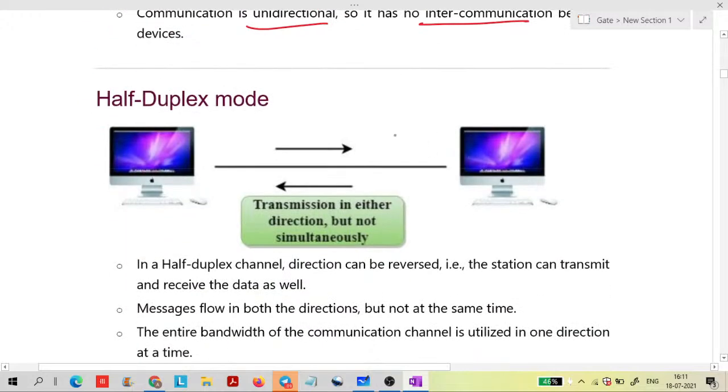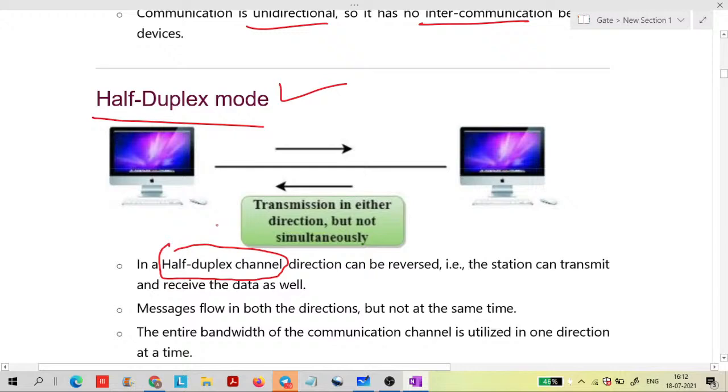Then half duplex mode: the transmission is in either direction, but not simultaneously. That is half duplex mode of data transmission. In a half duplex channel, the direction can be reversed, that is, the station can transmit the data and receive the data as well.